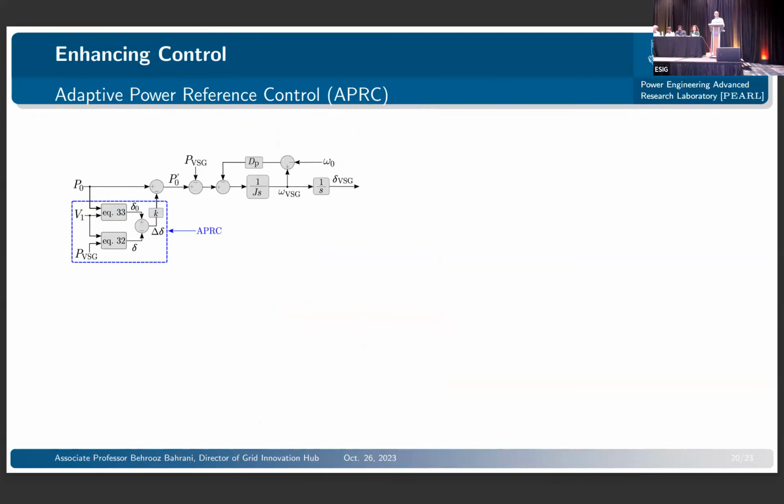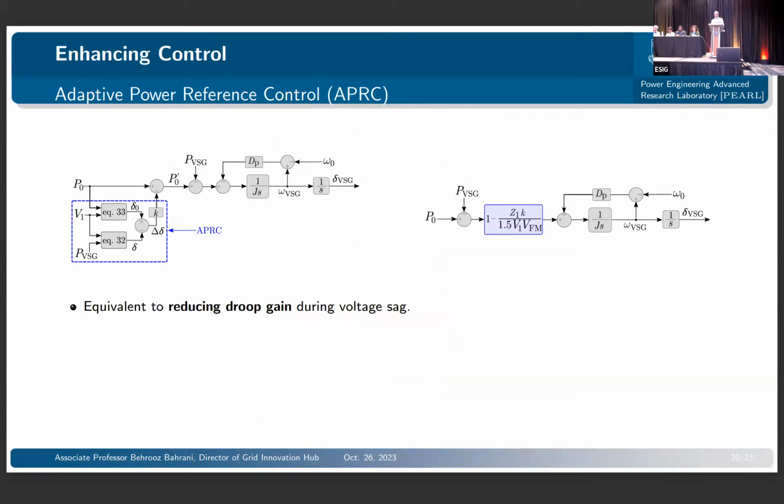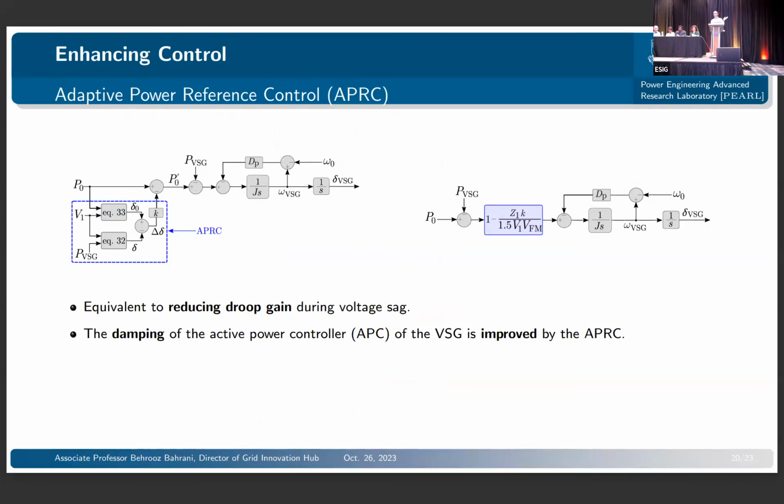The other enhancing controller is this simple APRC, Adaptive Power Reference Control. When you're subjected to a fault, you add these very simple blocks, and the details of them are in the second paper that I introduced in this presentation. Essentially, it is equivalent to putting in an adaptive gain, and it is only activated when you've got a fault. It will help you to recover even if there is no SEP in the system.